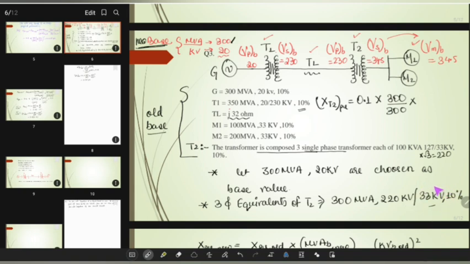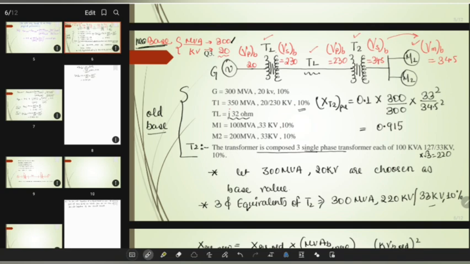Okay, that is 33 kV. What is the new kV base value? That is 34.5. Now this will also give you 0.915 per unit.